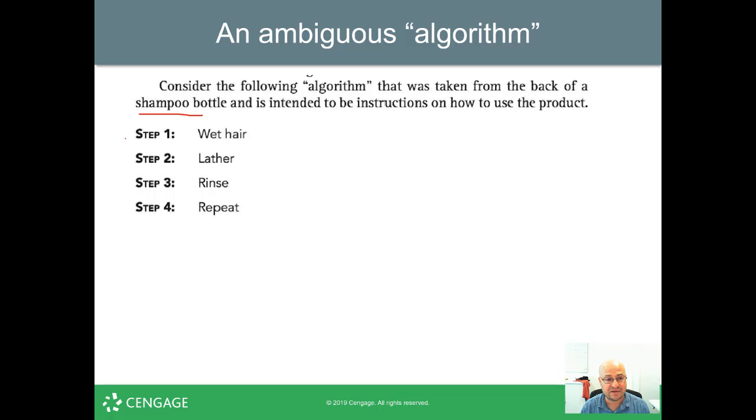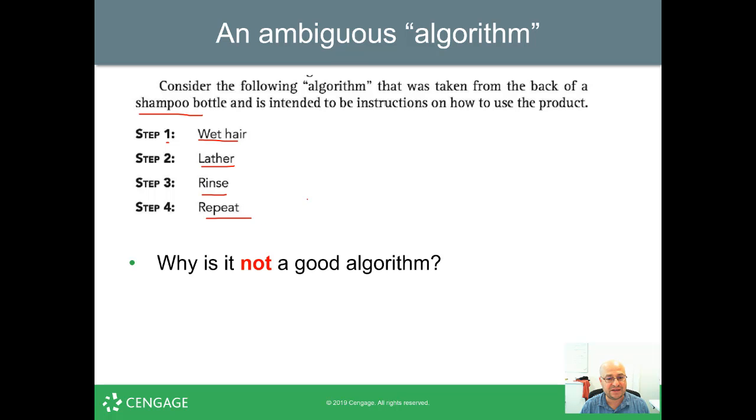In this example given by the book, the algorithm for washing one's hair is: first step, wet hair; second step, lather; third step, rinse; fourth step, repeat.